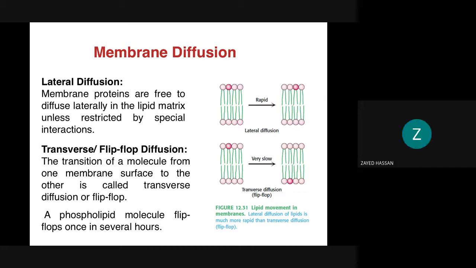Sir, I have a question based on this. Why do membrane components need to diffuse from one position to another? What is the main reason?